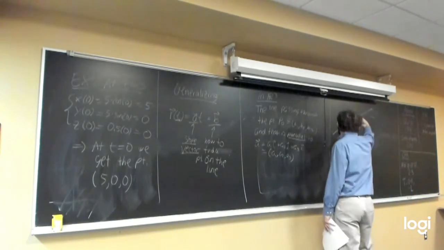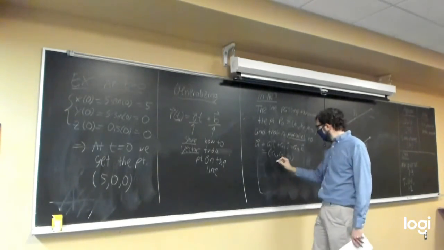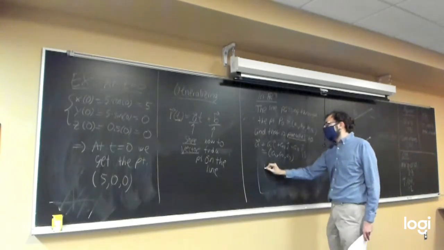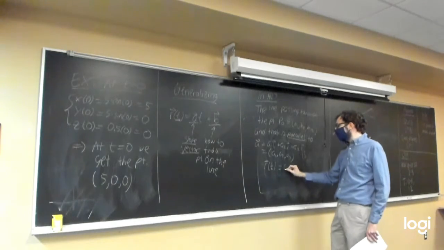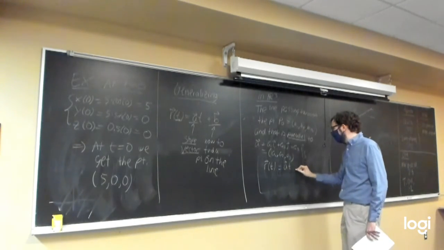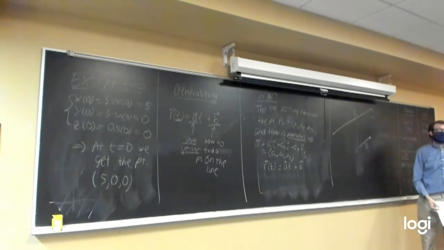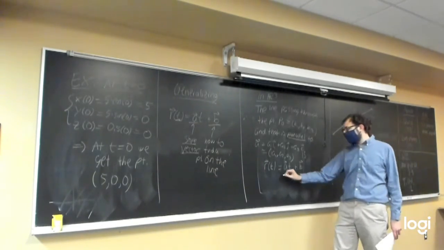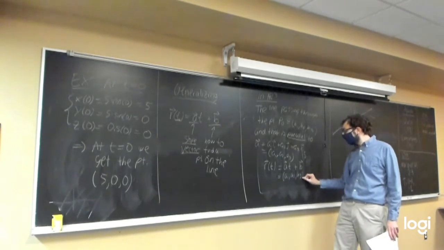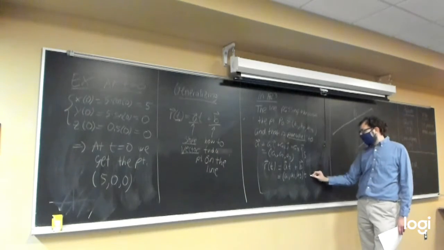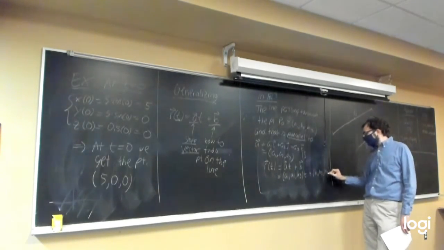So this line here that passes through P0 and goes in the same direction as A is going to be this equation that we found on this board here. r of t is going to be vector A times t plus the vector B. Or if you prefer, you could write it out as A1, A2, A3 times t plus the vector B1, B2, B3.